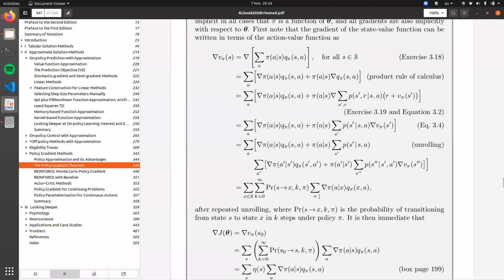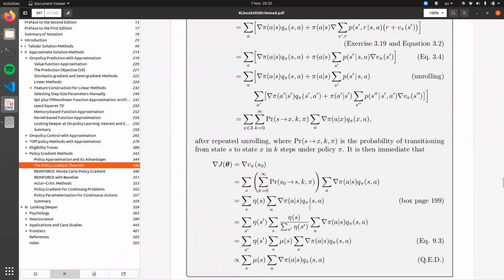And we have this probability of moving from state s to state x, and that is multiplied by the sum over actions of the gradient. So this term here, the first term.